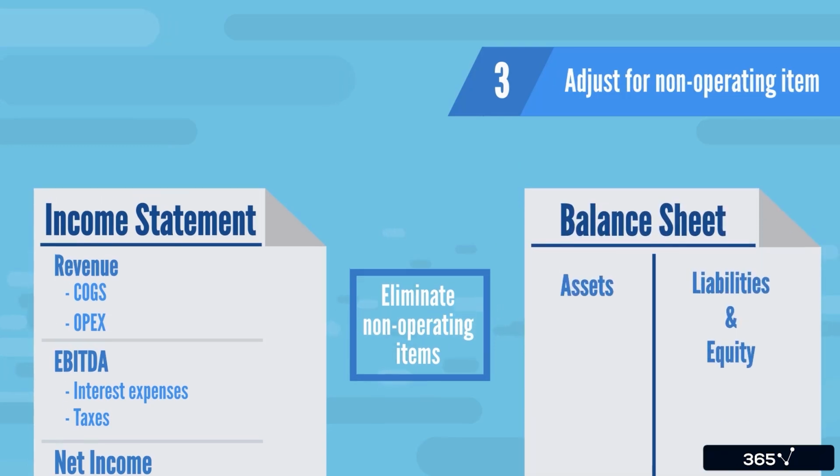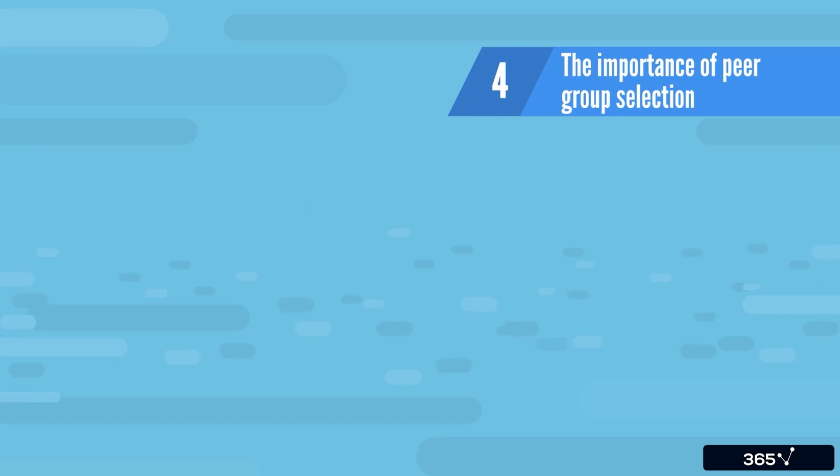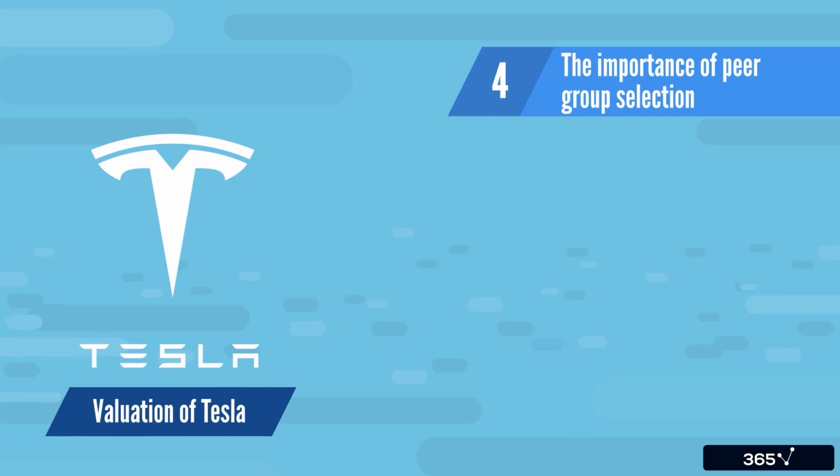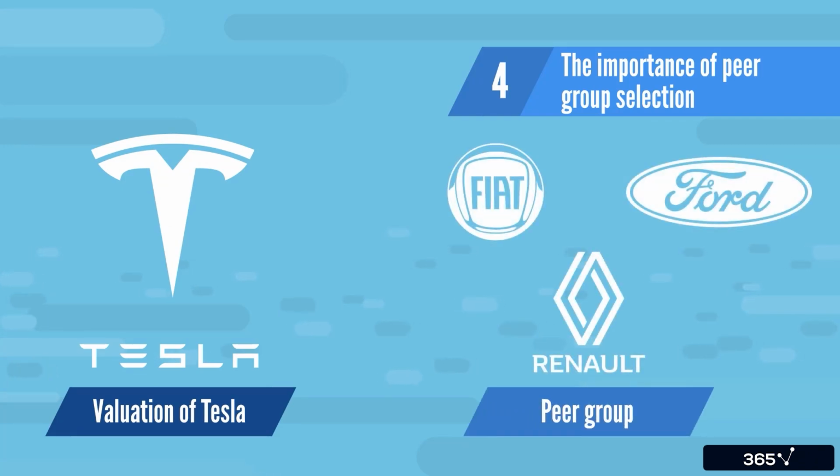The last point I want to address is the importance of peer group selection. This is one of the most challenging and trickier aspects when it comes to multiples valuation. If you value Tesla with a multiple derived from an analysis on Fiat, Ford, and Renault, you will make the conclusion that Tesla should be worth as much as Fiat, Ford, and Renault.